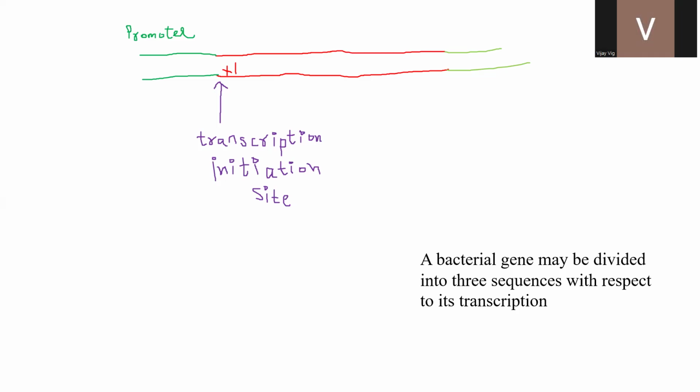And in context to transcription, a gene may be divided into three parts. First is the promoter sequence, then the RNA coding sequence, which is shown in red here. This RNA coding sequence is the middle part, the sequence which is copied into mRNA, and the last is the terminator sequence.